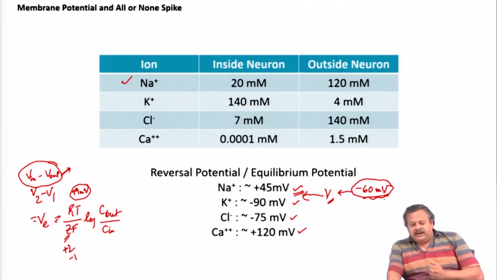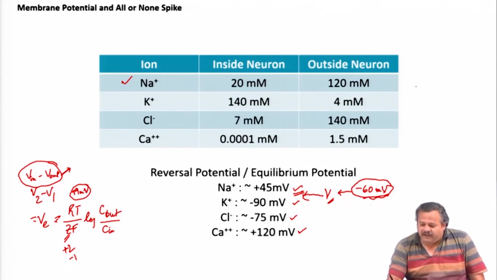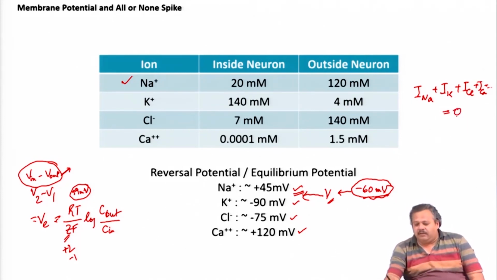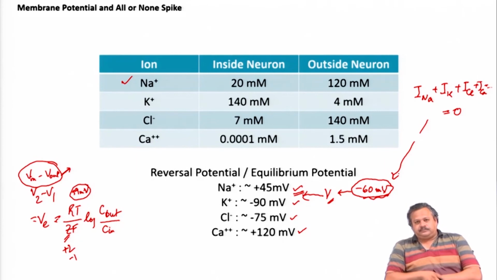So, that means that the sum total of all the currents, that is, if we have I sodium, the amount of sodium flowing, I potassium, the net amount of potassium current across the membrane, and I chloride and I calcium and all the other ions, this net current across the membrane would be 0 at minus 60 millivolts.